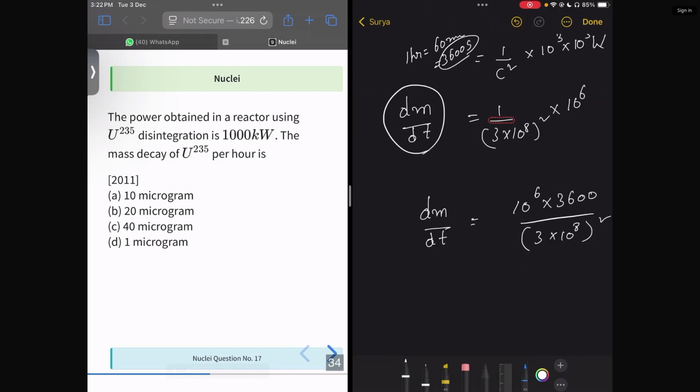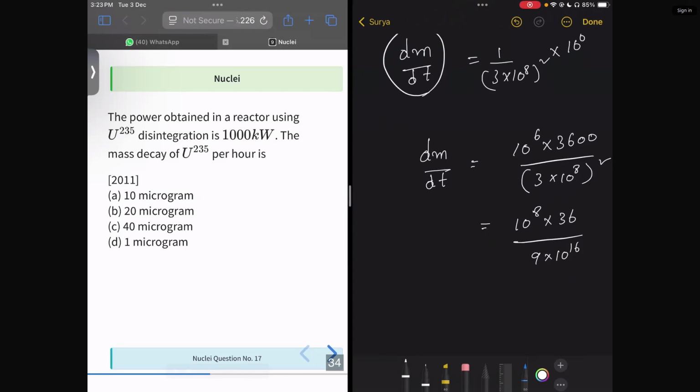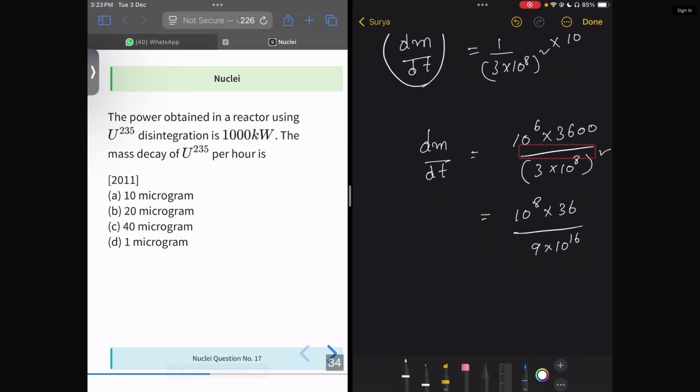So if you solve this one, it will be 10 power 8 into 36 divided by 9 into 10 power 16, right? It will be 4 into 10 power minus 8 kg.